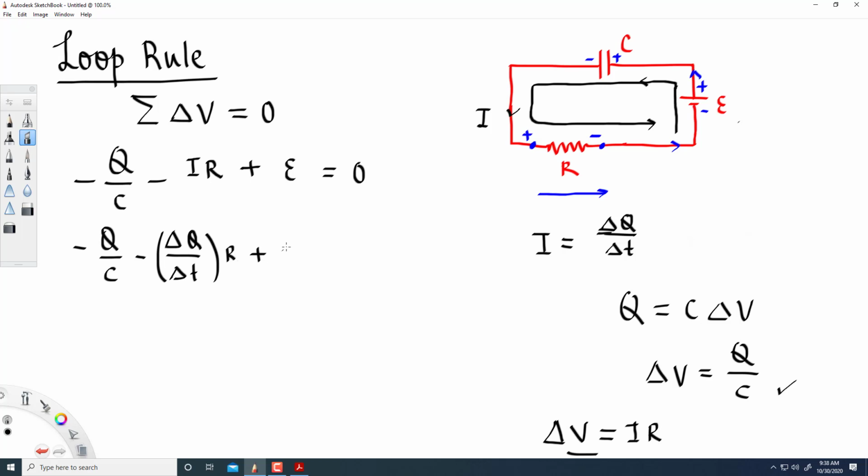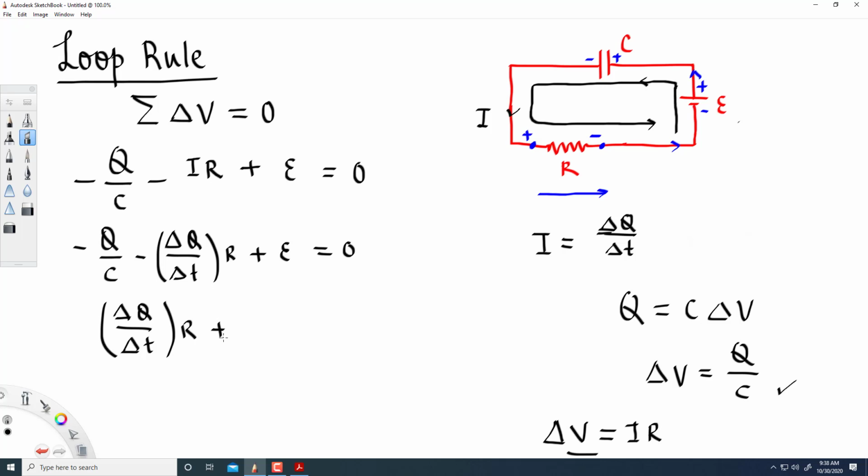R is equal to 0. Or you can write this as delta Q over delta T times R. I'm just multiplying both sides by negative sign just to make it a little bit simpler.